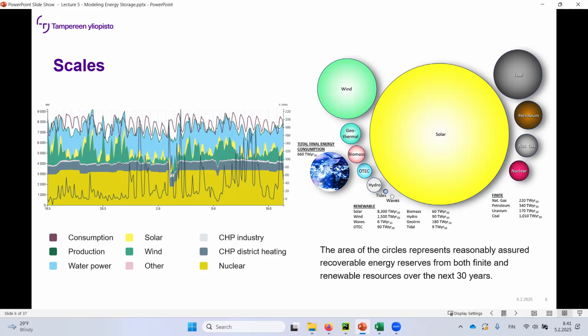You could cover everything multiple times over with solar related to our energy demand. Of course, that would require a massive restructuring of our energy system on the global scale.